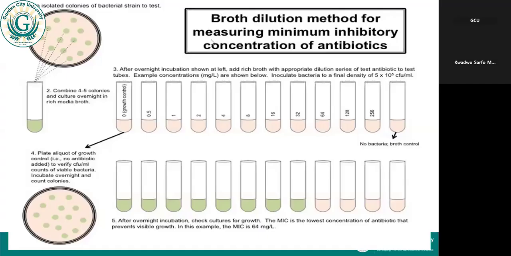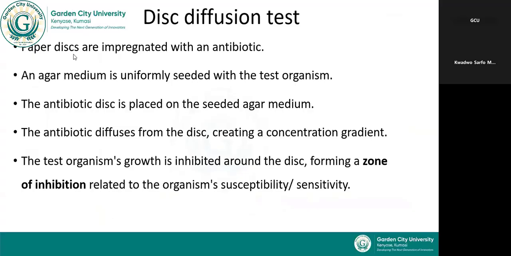So for this diffusion method, you have paper disks of known antibiotic concentration. If it's gentamicin, the concentration is known and incorporated into a paper disk. The same medium that will support the growth of the microorganism is presented, and the organisms are plated on the medium evenly, so the entire medium gets the organism spread.